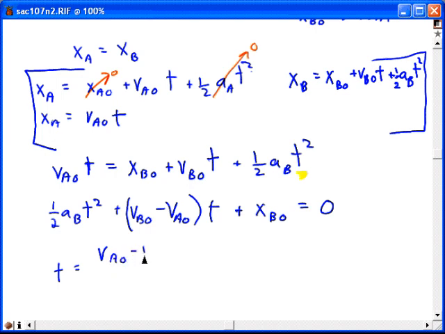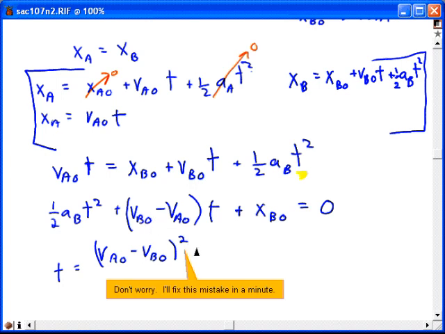So I think I'll write that as VA0 minus VB0 quantity squared. That's the negative of b, plus or minus b squared. I'm going to write it in the same order, just makes it easier for me to evaluate. And I've introduced a minus sign, but minus 1 squared is 1, so I can write my b squared this way.